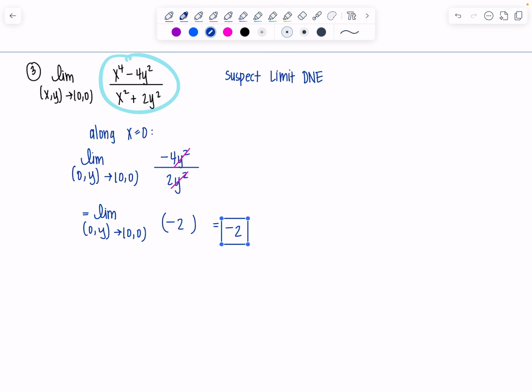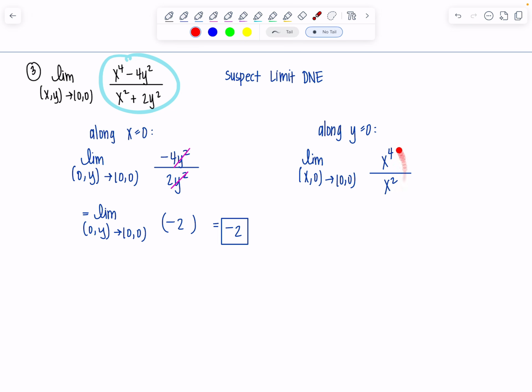Let me try switching it and go along y equals 0, the x-axis, and see. Hopefully I get a different value. So the limit as (x,0) approaches (0,0) of x to the 4th minus 0 over x squared plus 0.